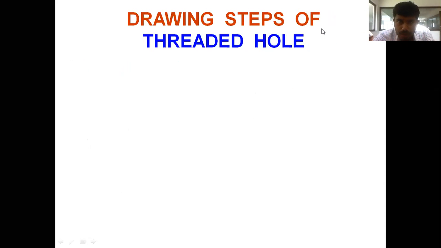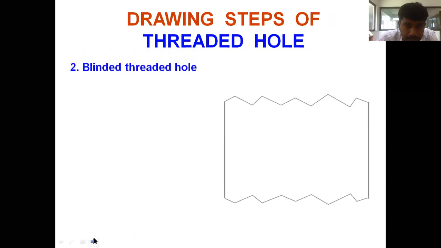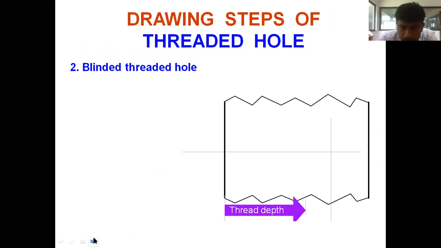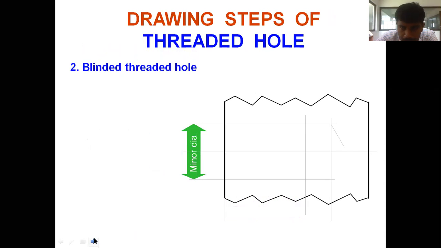Next we'll be seeing the drawing steps of blind threaded holes. Draw the axis. Next, thread depth, minor diameter, major diameter.